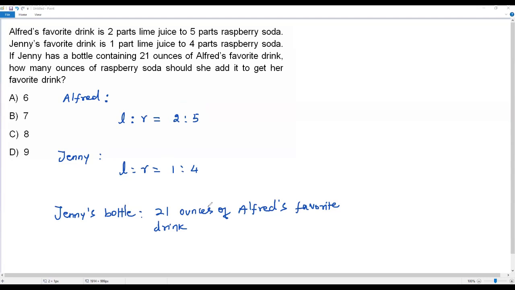Now, to this 21 ounces, we have to add some raspberry soda so that this drink will become Jenny's favorite drink. So how many ounces of raspberry soda do we have to add to these 21 ounces so that it will become Jenny's favorite drink? How do we find that?